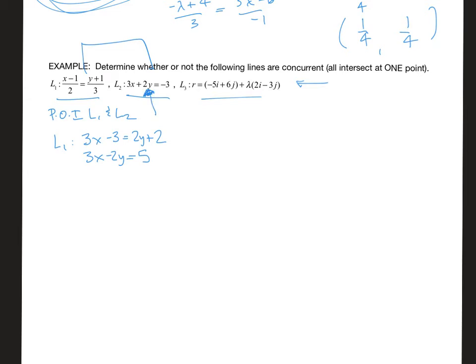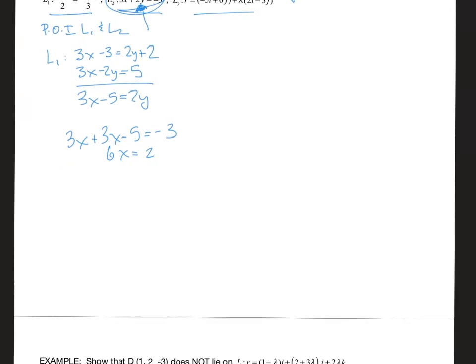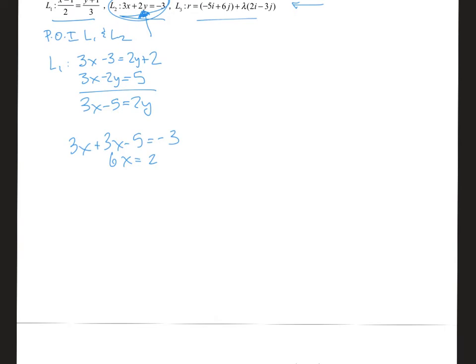So I'm going to solve this one for 2y. 3x minus 5 equals 2y, and substitute that into line 2. So I'm going to have 3x plus 3x minus 5 equals negative 3, or 6x equals 2, or x equals 1/3.